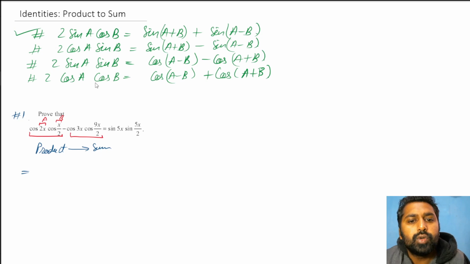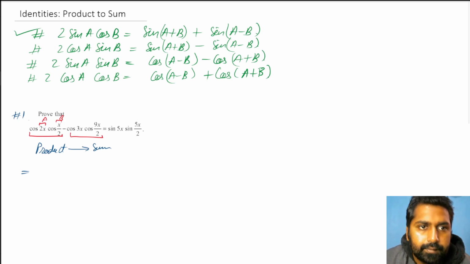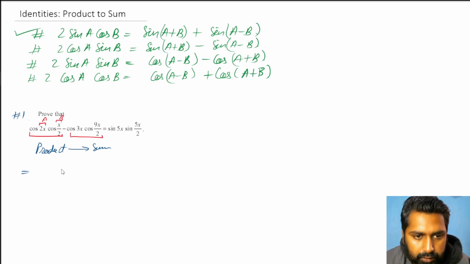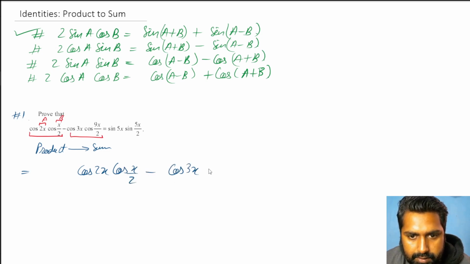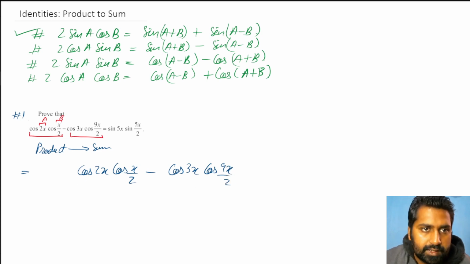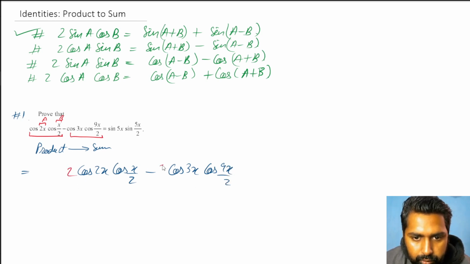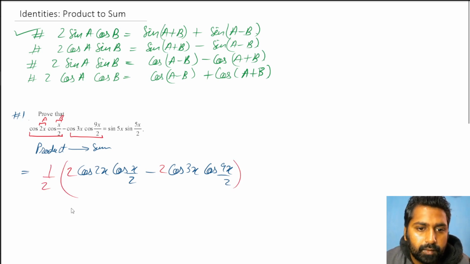The identity is for 2 cos A cos B. So what we can do is I will multiply and divide the expression with 2. So I'll rewrite this: cos 2x cos x by 2 minus cos 3x cos 9x by 2. First of all, 2 is not there, so let's multiply it by 2. So I'm multiplying both the expressions by 2, so I have to divide the whole expression also by 2 so that the question remains same.